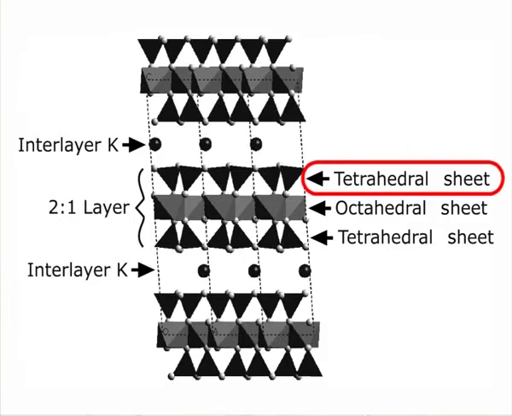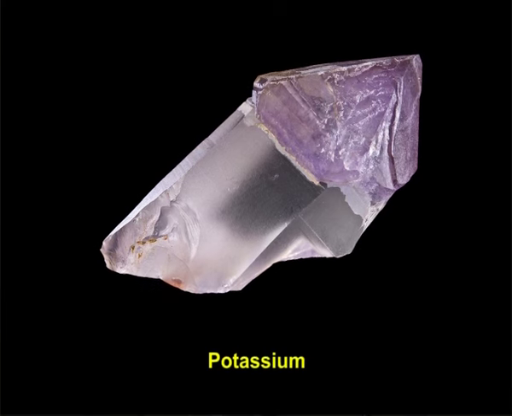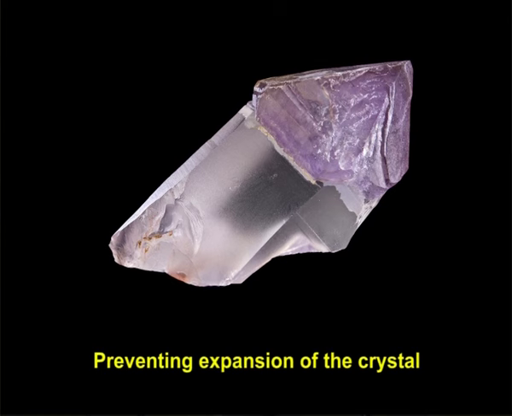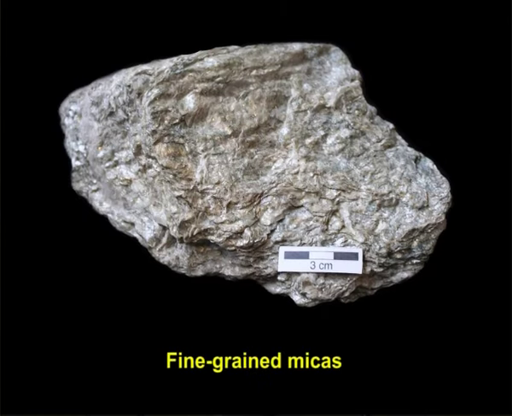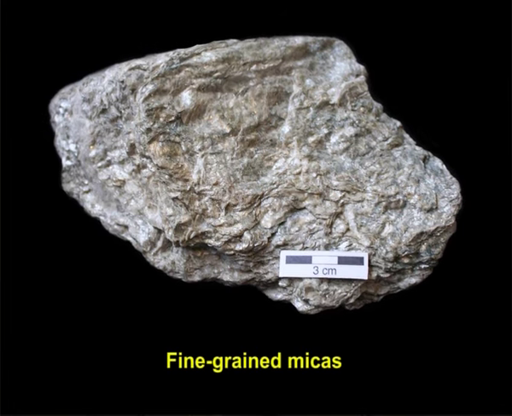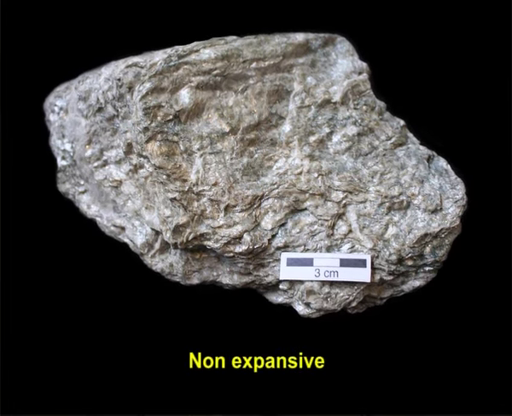To satisfy this charge, potassium ions are strongly attracted in the interlayer space and are just the right size to fit into certain spaces in the adjoining tetrahedral sheets. The potassium thereby acts as a binding agent, preventing expansion of the crystal. Hence, fine-grained micas are quite non-expansive.